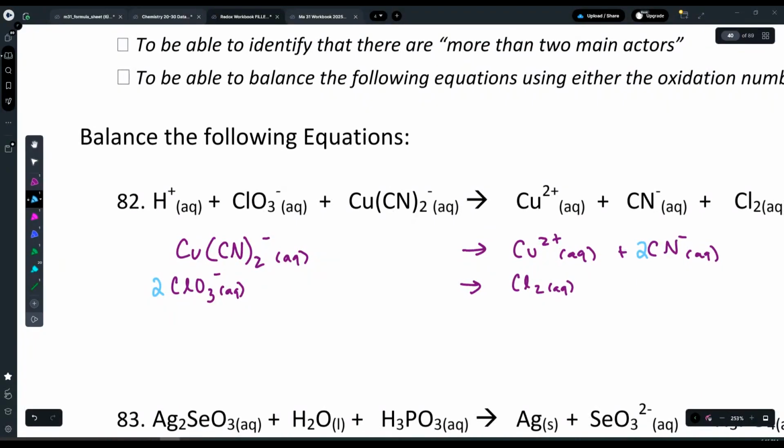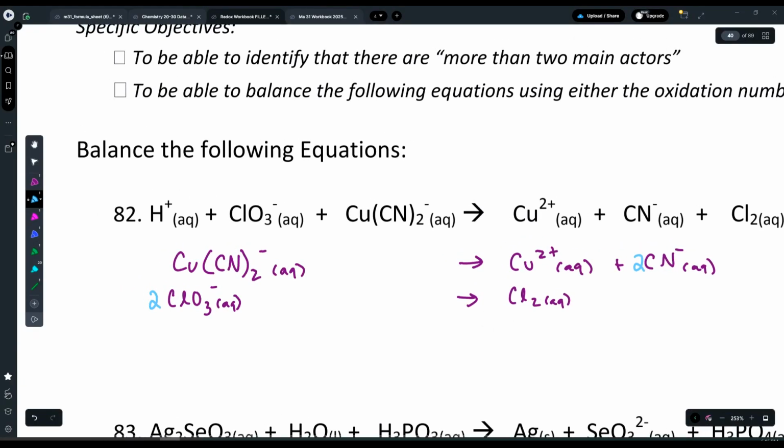All right, now I'm going to focus on balancing oxygens using water. So with the first reaction, there's no oxygen in here, so I don't need to add water to it.